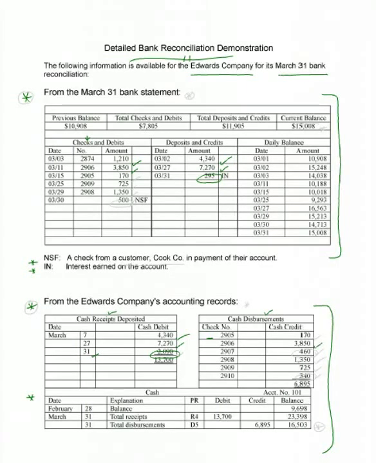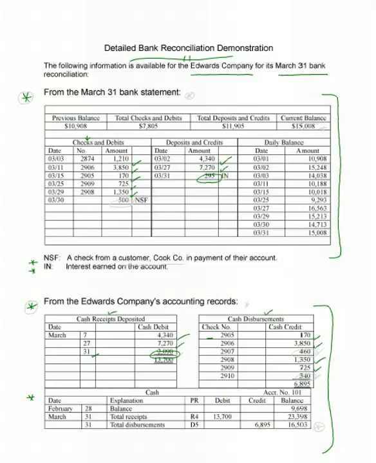Our next check, 2905, $170, that agrees with our cash disbursements. Check 2909 for $725 also agrees with our bank records in the cash disbursements journal. And check 2908 for $1,350 also agrees with our cash disbursements.